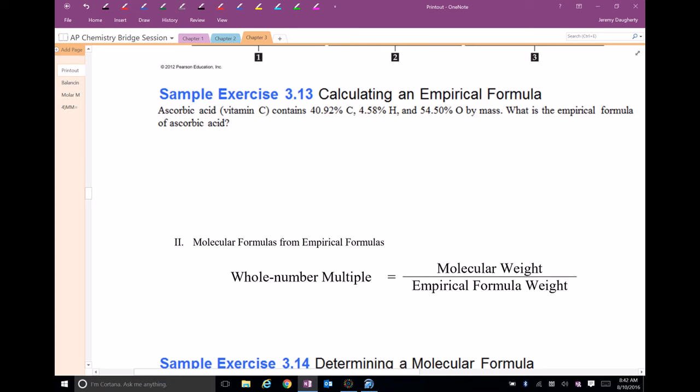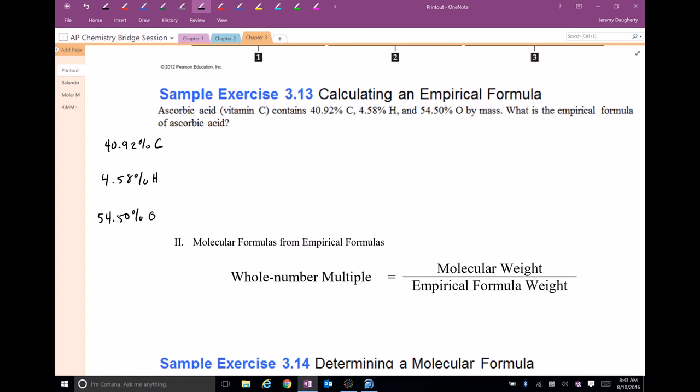All right, so let's start out. We have 40.92% of carbon, 4.58% of hydrogen, and then 54.50% oxygen. So that's percentages. The first thing we're going to do is convert that to grams, and we're just going to assume that we have 100 grams.